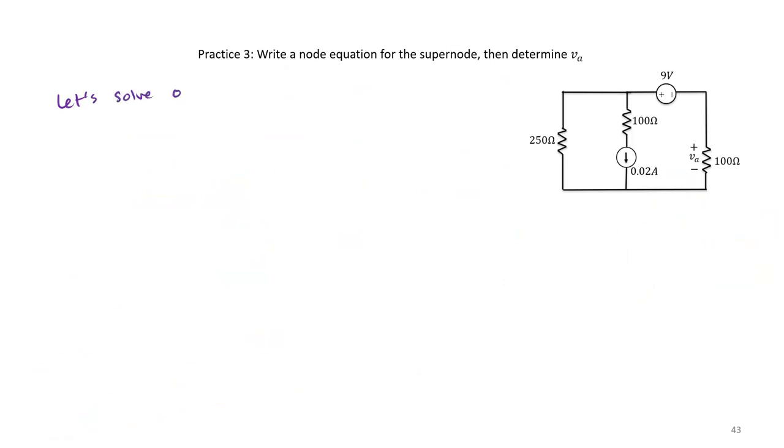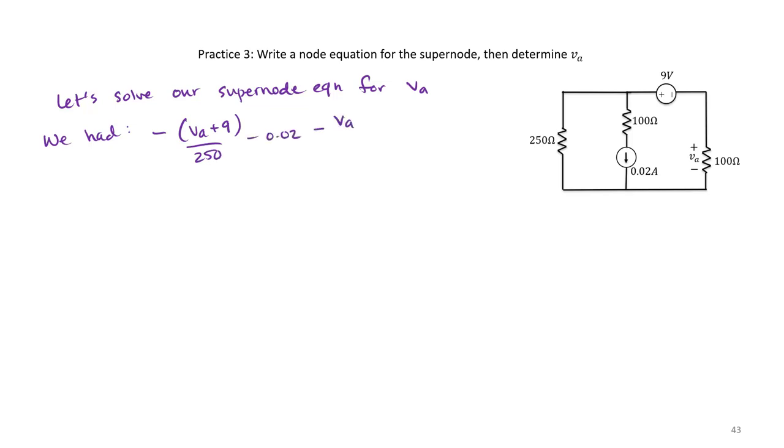So let's solve our supernode equation for VA. Here's what we had. From our supernode equation, this is our relationship. I'm going to multiply everybody by 500.